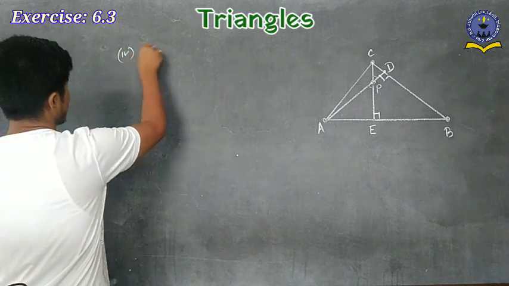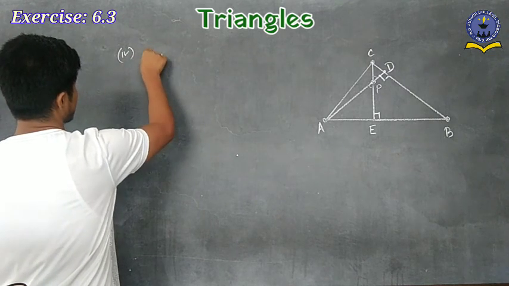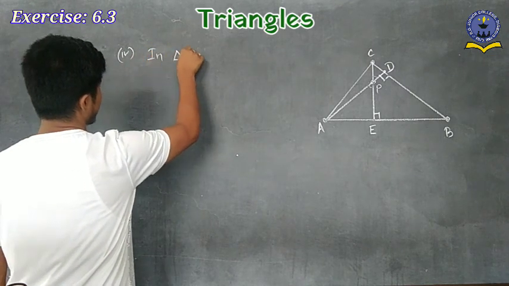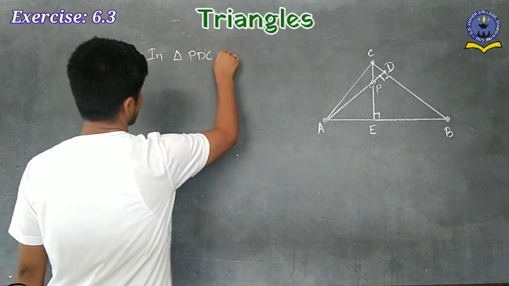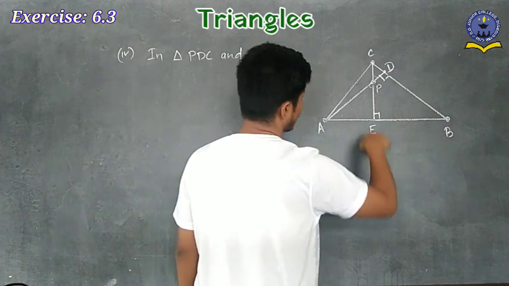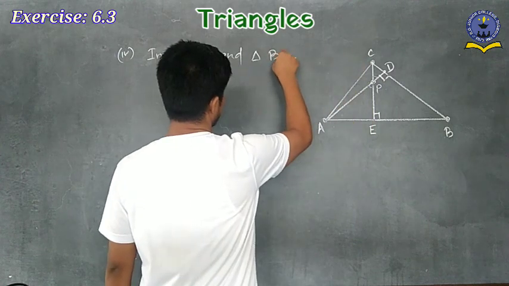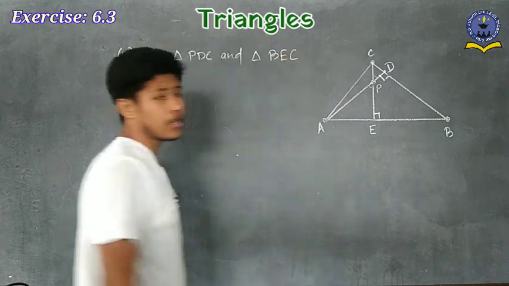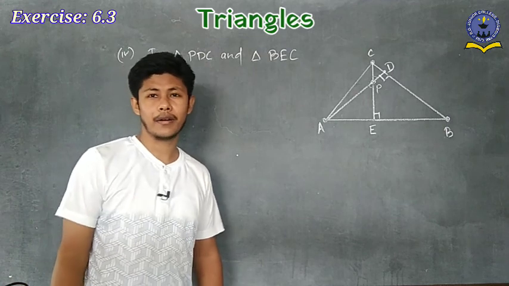So we have to write here in triangle PDC and triangle BEC. So these two triangles we now need to prove similar.